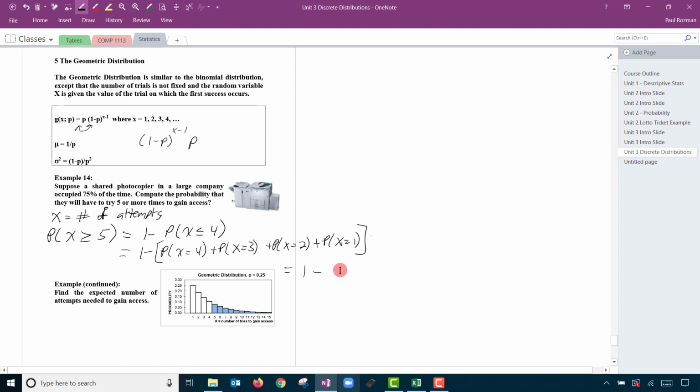So, or no, there's a 75% chance it's busy. So 0.75, I need it to be busy 3 times and then finally not be busy. And the nice thing about this distribution is you don't have to worry about permutations and combinations, because there's just one ordering of that. Fail, fail, fail, fail, fail, and then succeed.